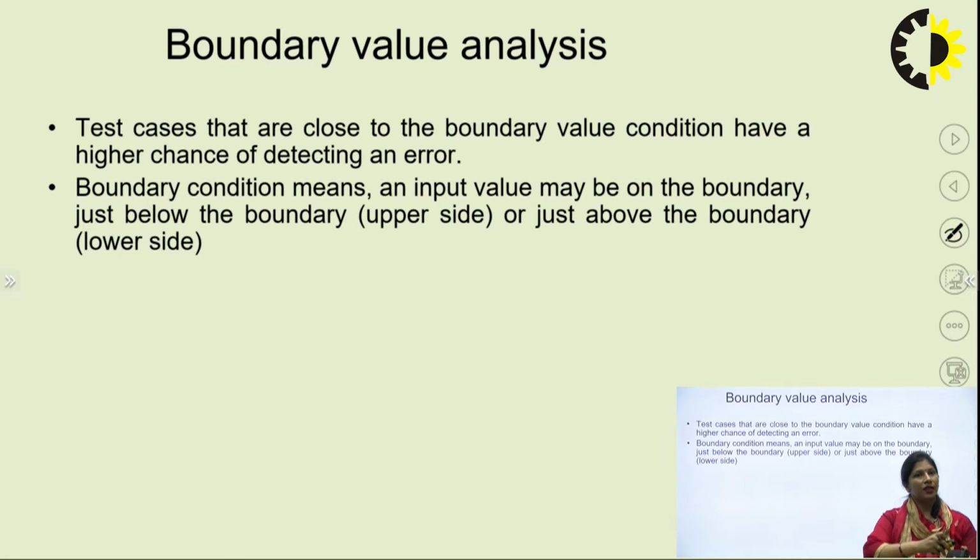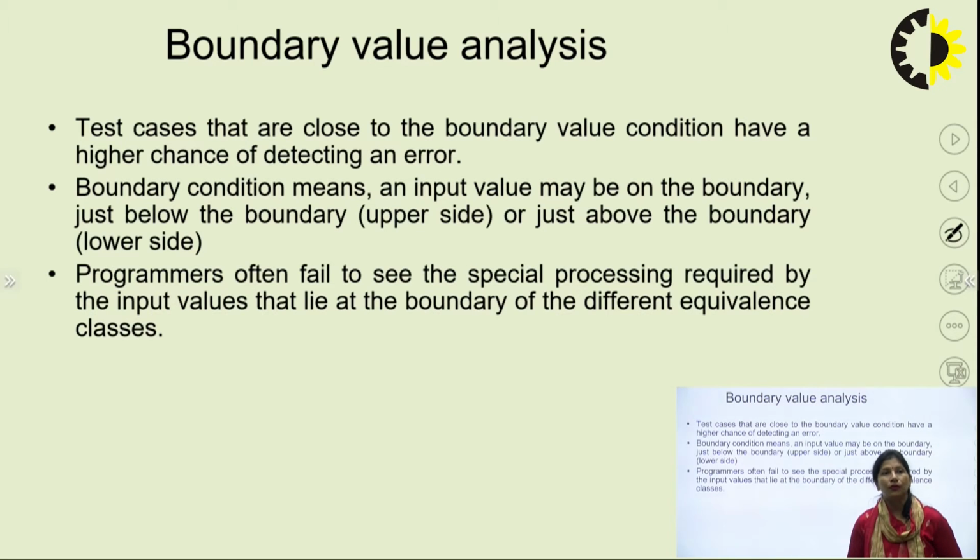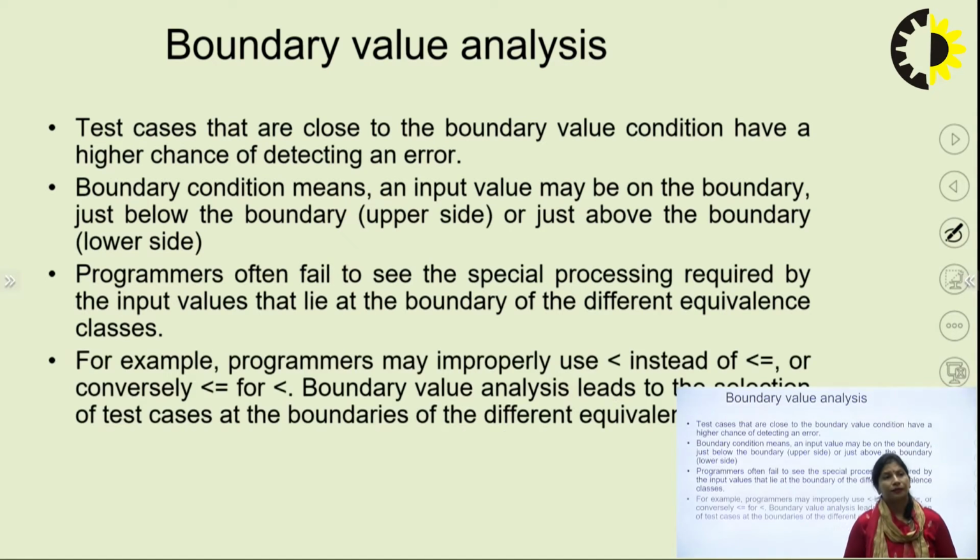So just above 1 is 2, and just below 100 is 99. We have to check for all these kinds of values. What happens actually is that the programmer fails to see the special processing which is required for input values that lie at the boundary, and at the boundaries of the different equivalence classes.